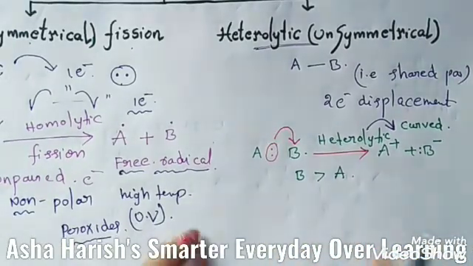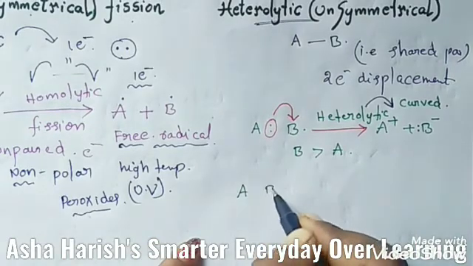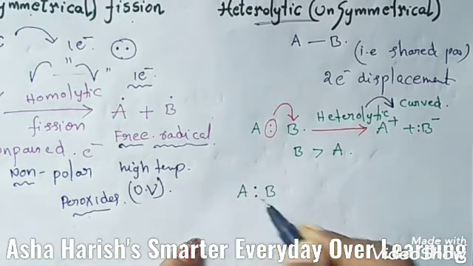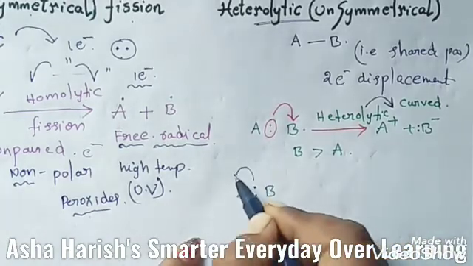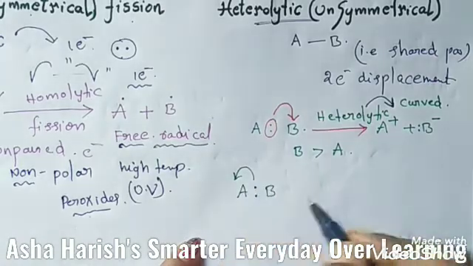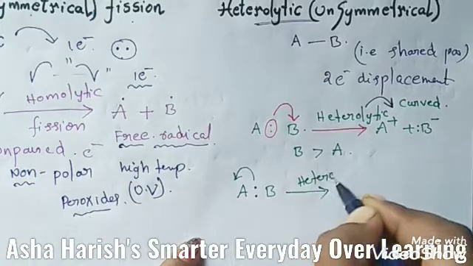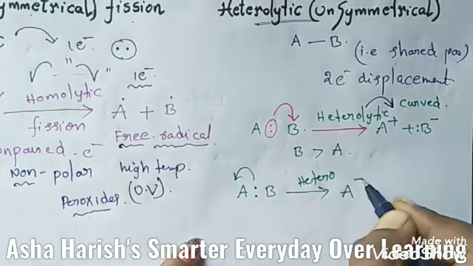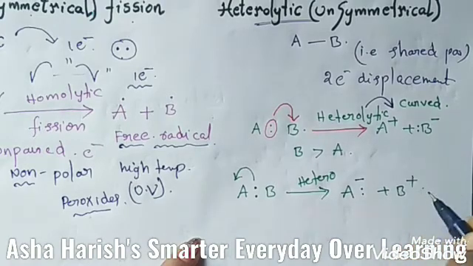Let's see the next example. In the case of these two atoms, here is the shared pair of electrons. If the displacement of these electrons is done in this way, this is also heterolytic fission. Now A minus, an anion, is formed, and here is the cation formation.